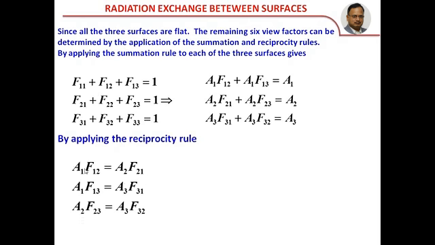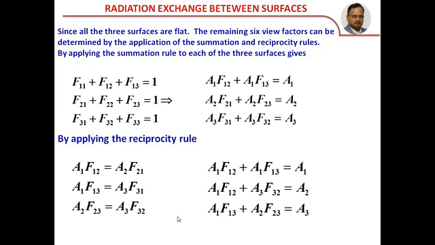Now apply the reciprocity relation. A1 F12 is equal to A2 F21, A1 F13 is equal to A3 F31, A2 F23 is equal to A3 F32.